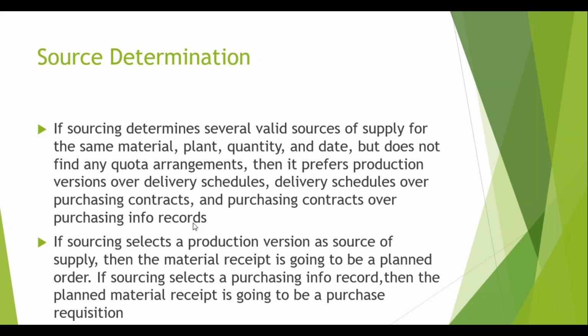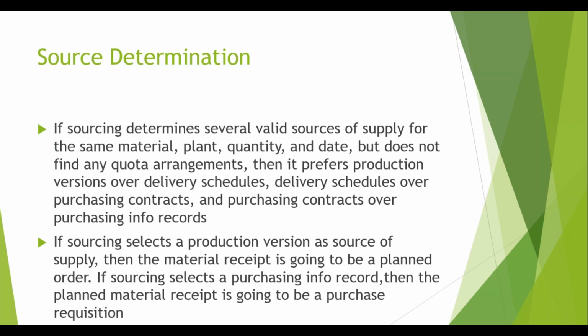This is the sequence. And if sourcing selects the production version as a source of supply, which means it is manufactured in-house and the system determines that there is a valid production version available, then the planned material receipt is going to be a planned order. So for in-house manufacturing, whenever MRP is run, automatically the system will create a planned order.